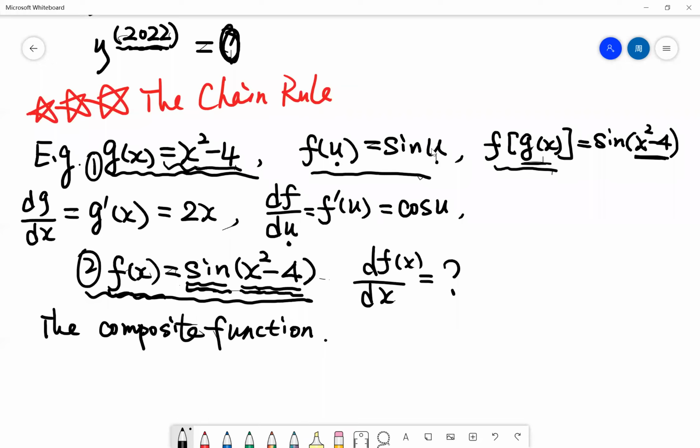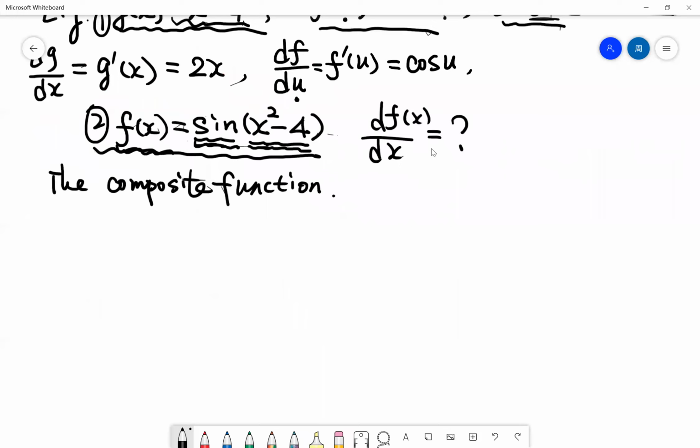And here is a question we should know: can any two functions be composed? Our answer is no. Not any two functions can be composed, because here I gave you two functions. The first function is f(u) equals square root of u.